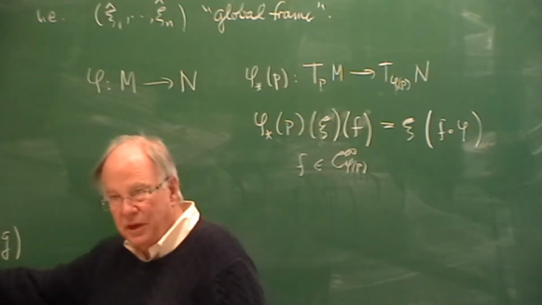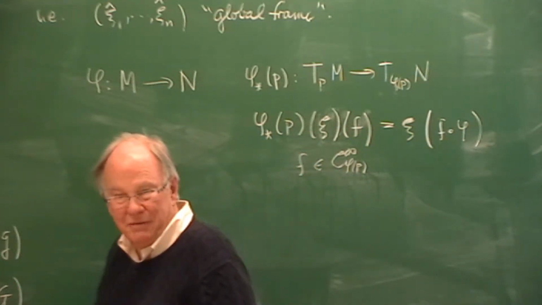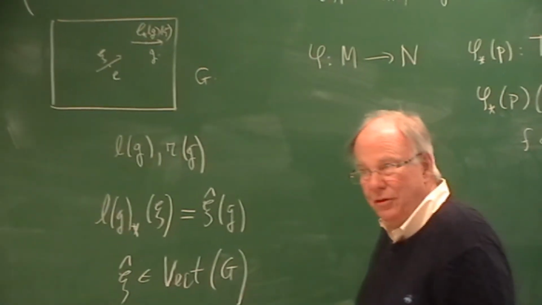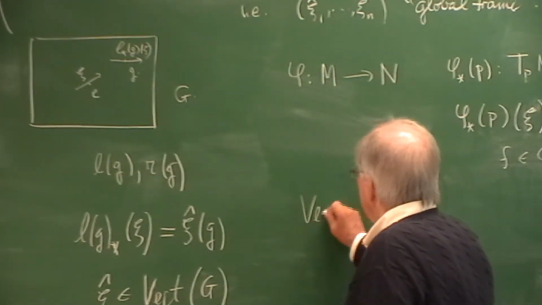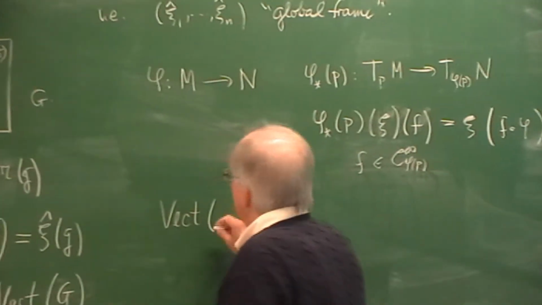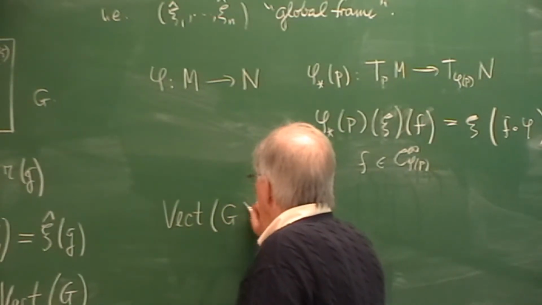And now you admit I've defined this thing, and now you admit I've got a smooth vector field. Now, anytime you have a smooth vector field, you have a vector field on a group.